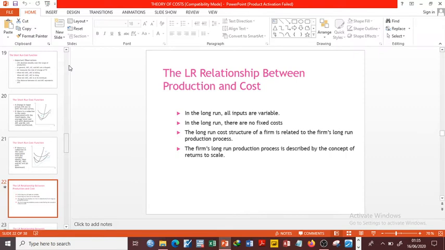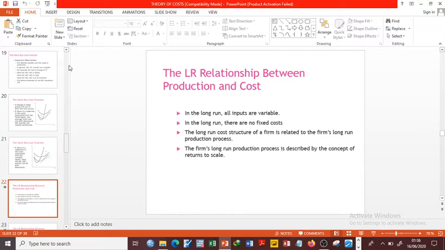Now, that was the short run. Let's look at the long run relationship between production and cost. Important for us to note is that in the long run, inputs are variable, whereas in the short run, we had fixed inputs and variable inputs.